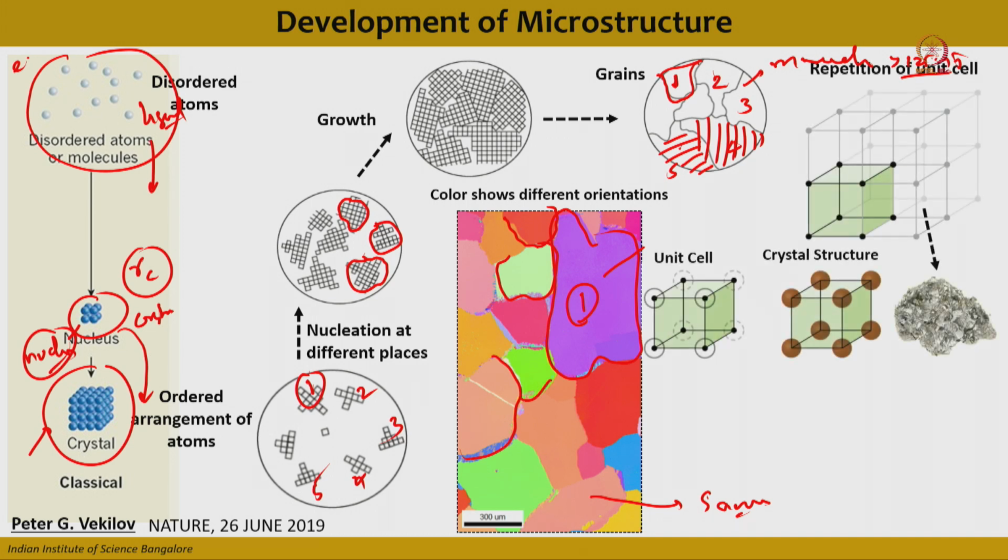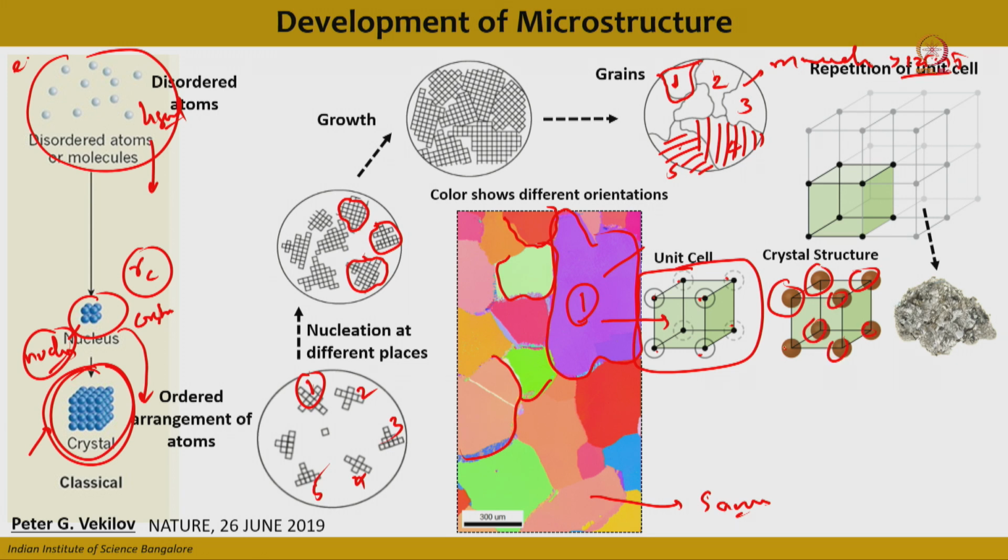So if you go to a particular grain, what we described here as a crystal, the atoms are arranged in a periodic fashion. Fine. So this is a particular unit cell, correct, and it has certain lattice positions, and each lattice position is occupied by one atom. Fine.